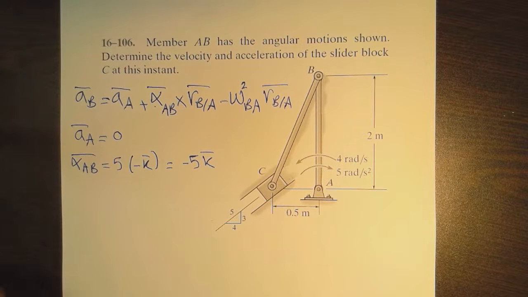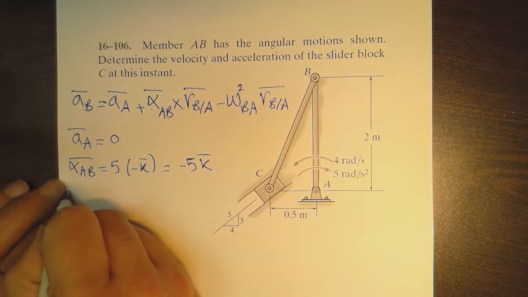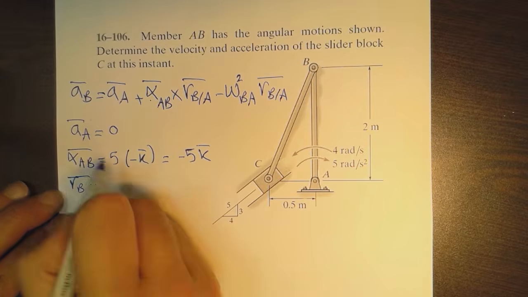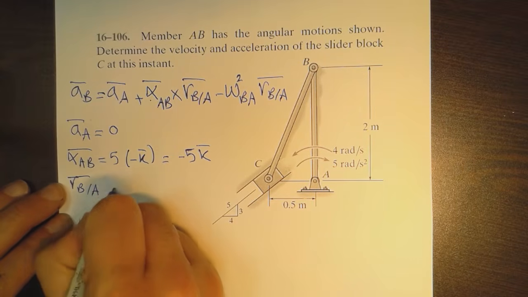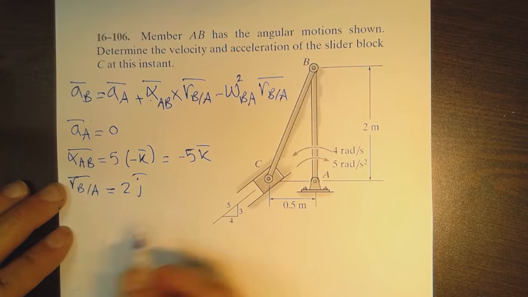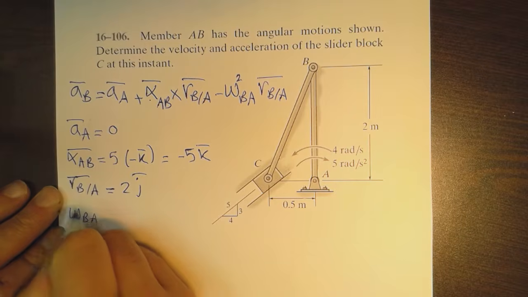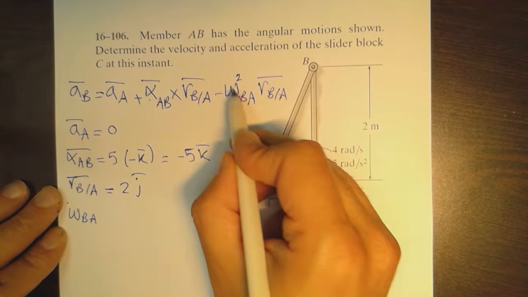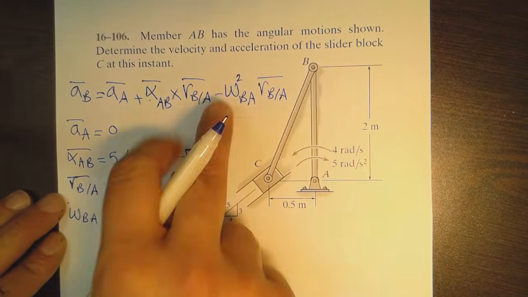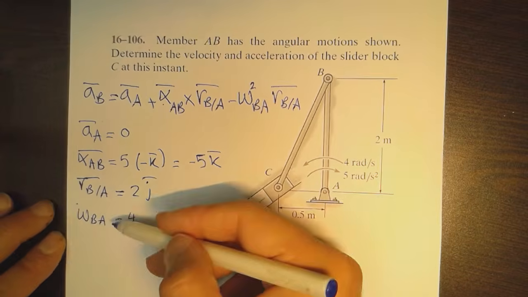Now for RB with respect to A, we already found it when we calculated the velocity, so it is 2j. And we have everything for omega BA, and you can see here it's not in vector form, it's a scalar value. It is 4. So we're going to plug in these values in this equation.